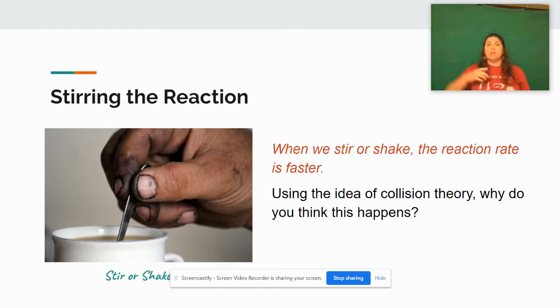We're stirring and we're moving the particles around and we're making them bounce into each other. We're not really increasing the kinetic energy, we're not really increasing the temperature, but we are mechanically making the particles bump into each other more often, which then means that they're going to have a greater opportunity to hit at the right angle. And then the ones that have enough energy will go ahead and react.